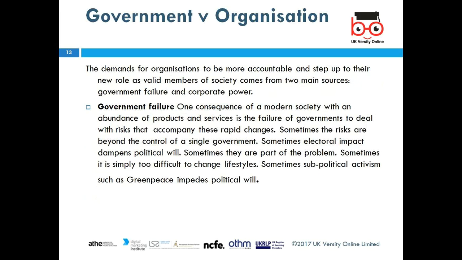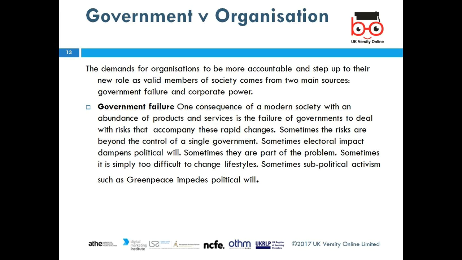Governments demand that organizations be more accountable and step up their new role as a valid member of society, coming from two main sources. Like Carillion, a construction company in the UK that is going to be liquidated. They have a 570 million pension fund shortage. So what's happened is that people are going to lose their money.